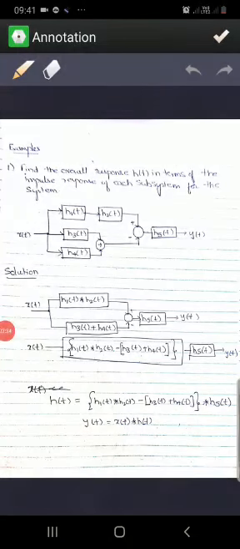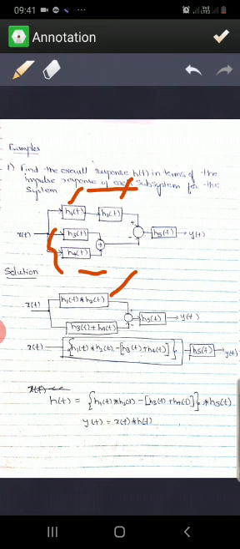Now let us solve some problems. Find the overall response in terms of the impulse response of each subsystem for the system given below. Here, if you see, h1 and h2 are connected in cascade, h3 and h4 are connected in parallel. So we can simplify this. h1 and h2 are connected in cascade, therefore h1 of t convolved with h2 of t. h3 and h4 are connected in parallel, therefore h3 of t plus h4 of t.